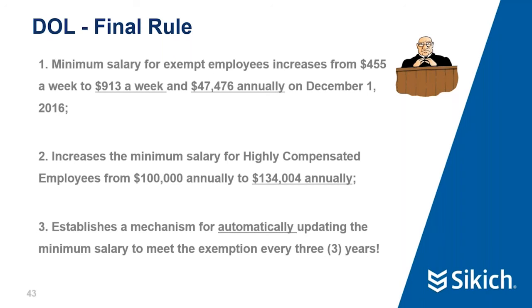The minimum salary for exempt employees increases as of December 1st from $455 to $913 a week. That's a drastic change. The reason for that huge increase is that the salary minimum was set in 2004, and there hasn't been a change since then. So they have put this in to raise that up to $913 a week.